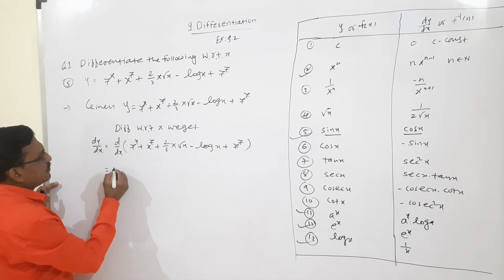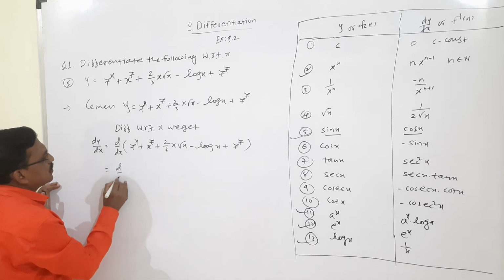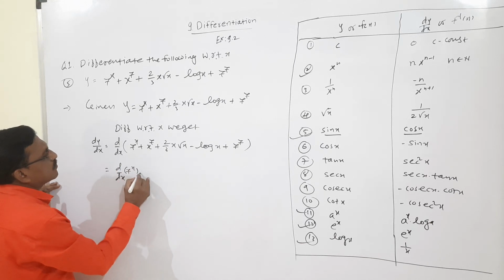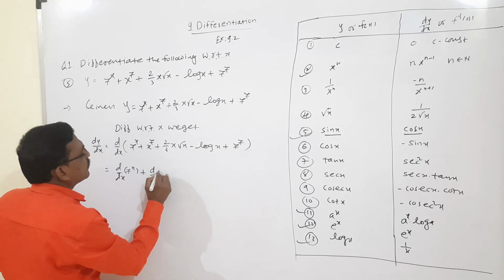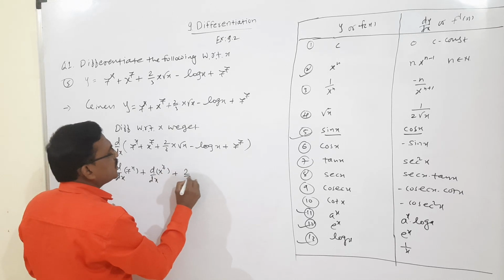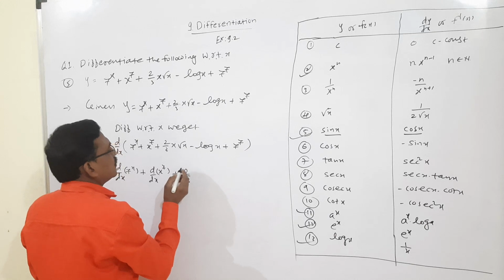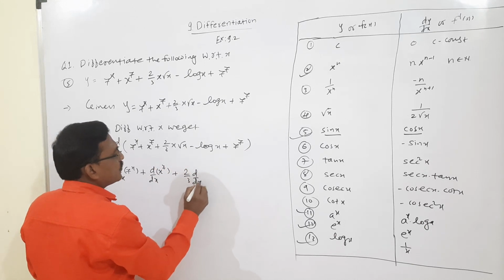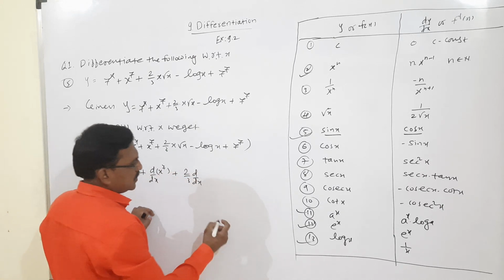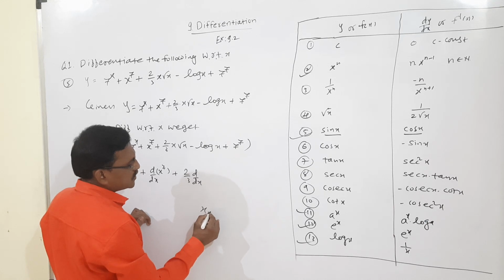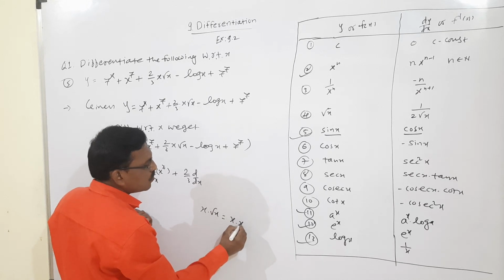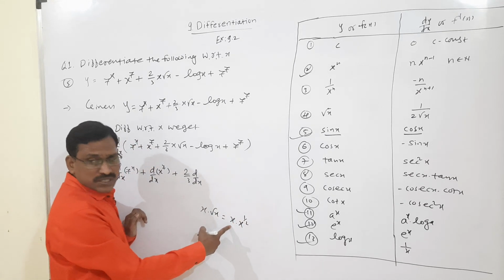Now take the separate derivative of each and every function. Derivative of 7 raised to x, plus derivative of x raised to 7, plus derivative of here 2 by 3, which is a constant, take it before the derivative and then differentiate that function, x root x. Here x root x is equal to x into the value of root, which is 1 by 2, so x to the power 1 by 2, and the power of this x is 1.